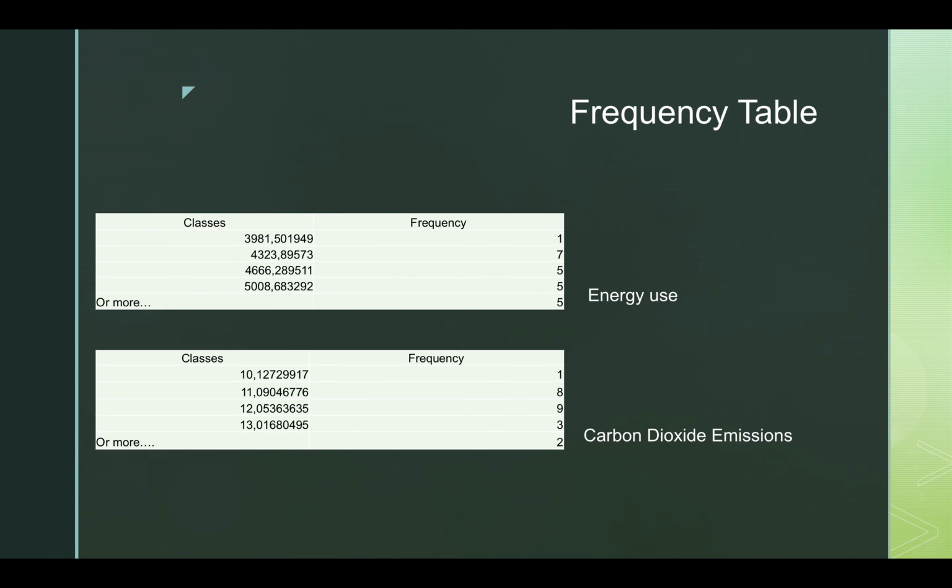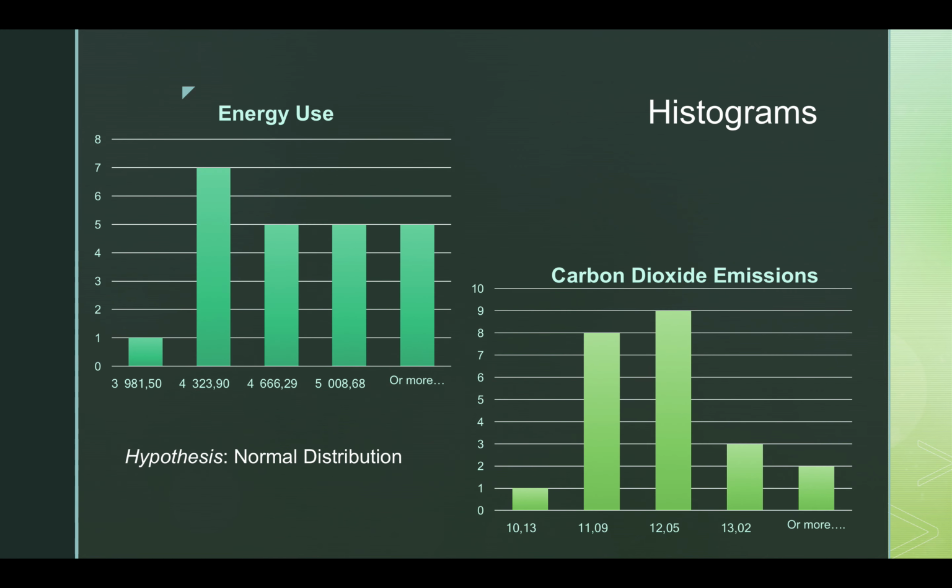For the frequency table, we can see that the numbers are really different between both tables for energy use and carbon dioxide emissions. We can expect maybe different histograms and see what the distribution can be.